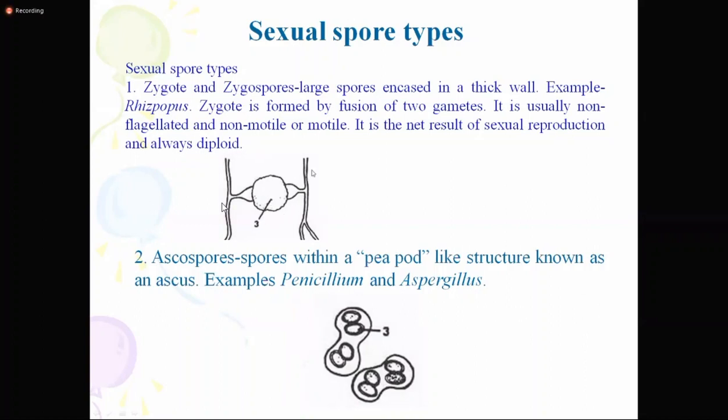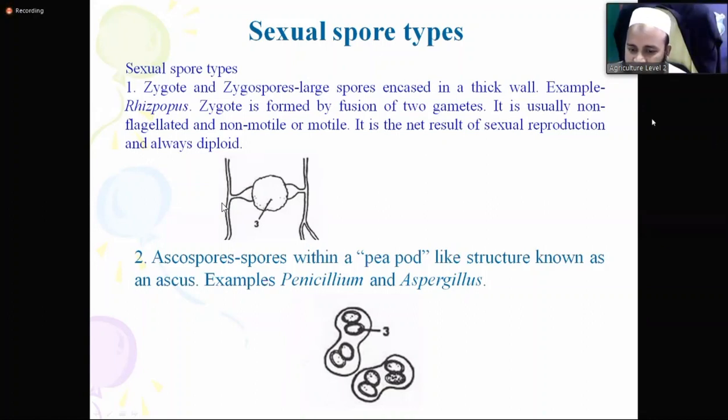When two gametes fuse, you know fusion? Fusion means union. Union of two gametes is called fusion. So this is zygote and zygospore.